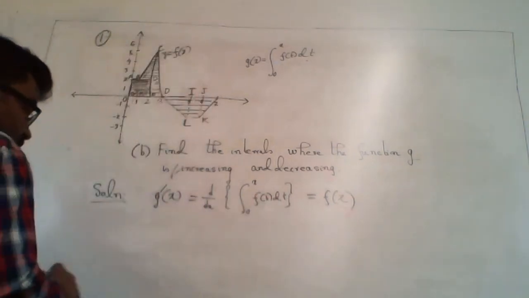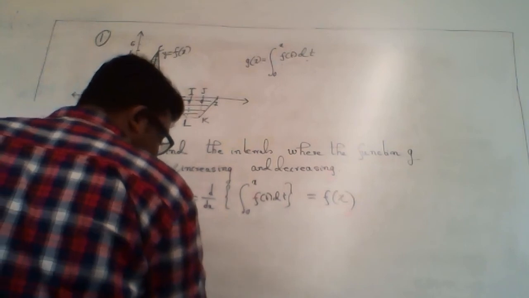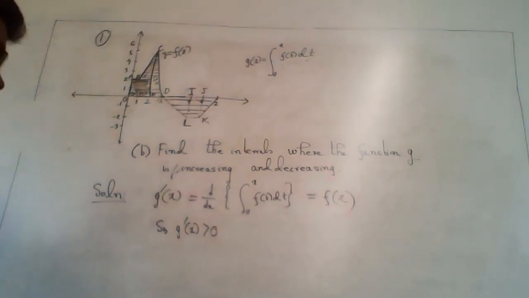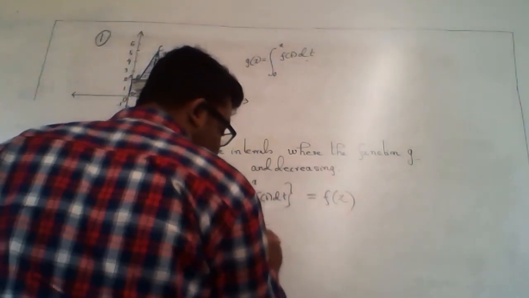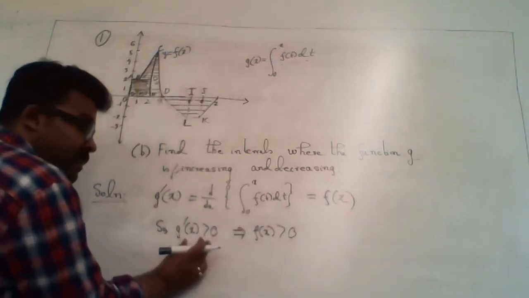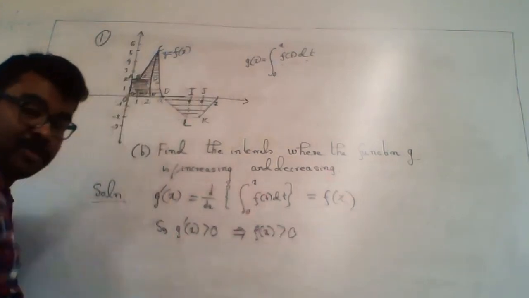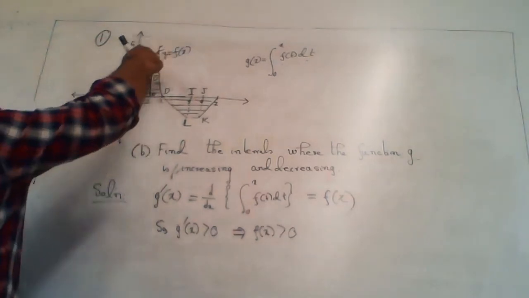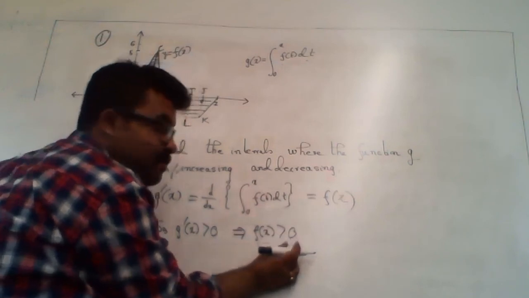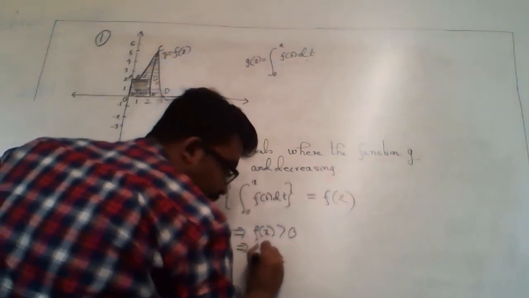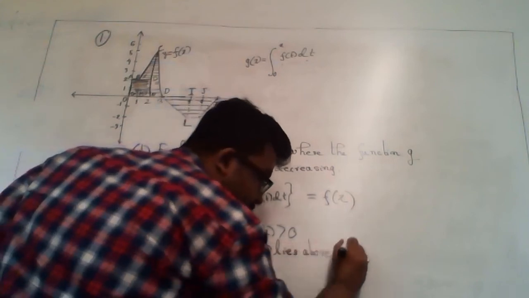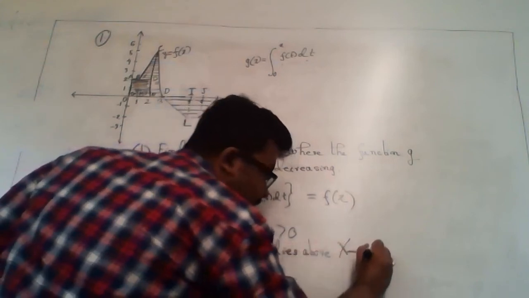So g prime of x greater than 0 implies f of x is greater than 0. So when is the derivative positive? When the function f is positive. And where is the function positive? Where f of x lies above the x-axis. Where does the function lie above the x-axis?